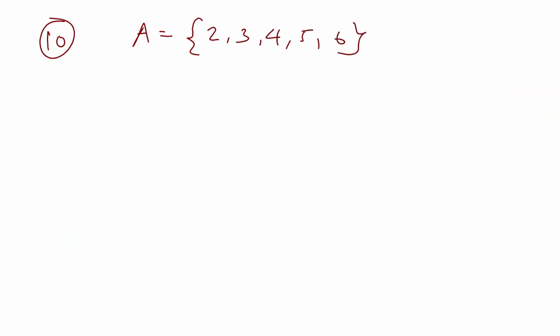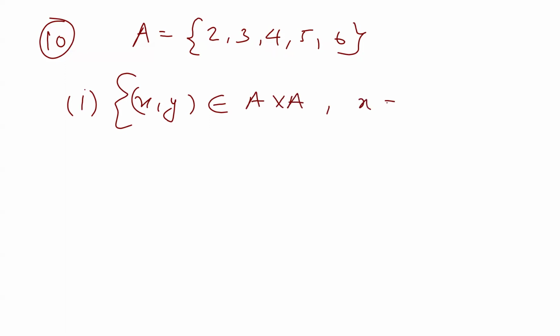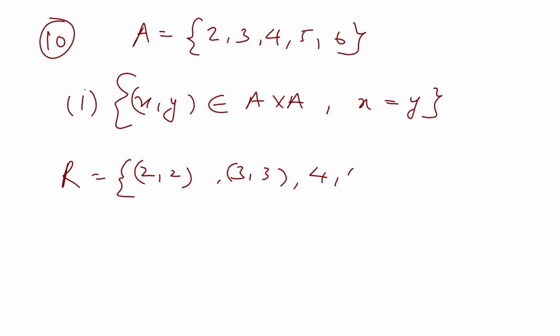First one, the relation is having ordered pairs (x, y) such that (x, y) belongs to A cross A. So it's a subset of A cross A and x is equal to y. So the relation will be (2, 2), (3, 3), (4, 4), (5, 5), (6, 6).